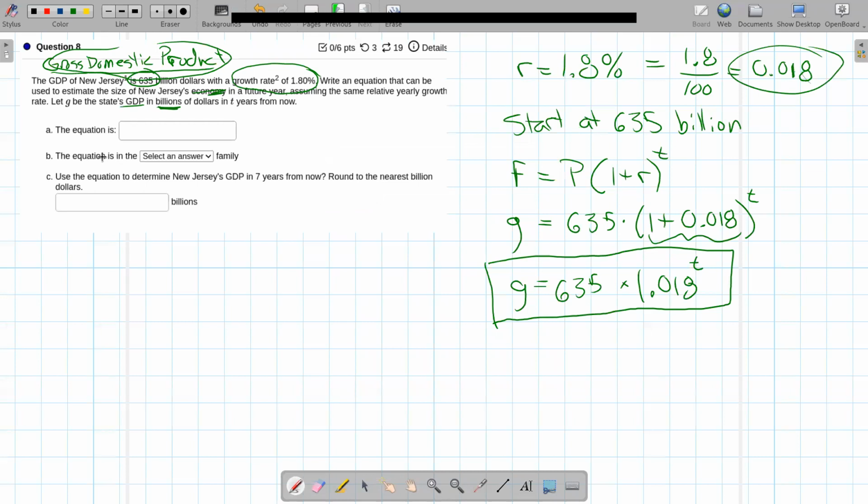This equation is in the blank family. My usual choices are linear, exponential, or quadratic. Since this uses a percent change, the variable is the exponent, so this is exponential. I would select the option here called exponential.